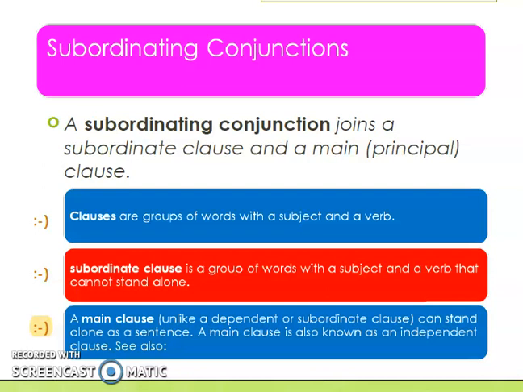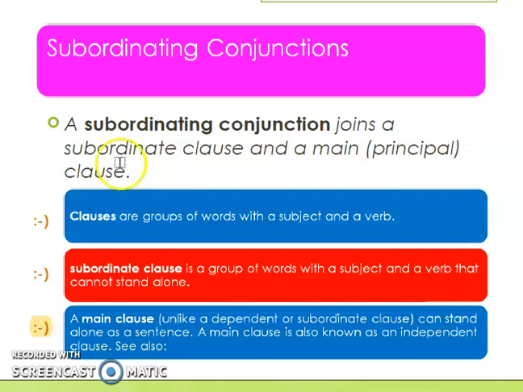So, as you know that subordinating conjunction is the third type of conjunction. So, let's see what is subordinating conjunction. A subordinating conjunction joins a subordinate clause and a main clause.